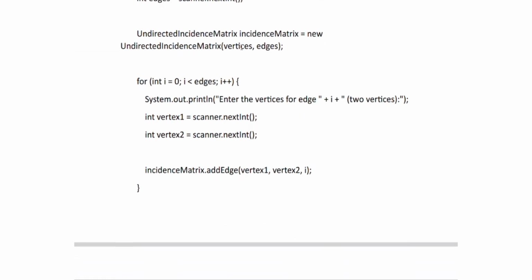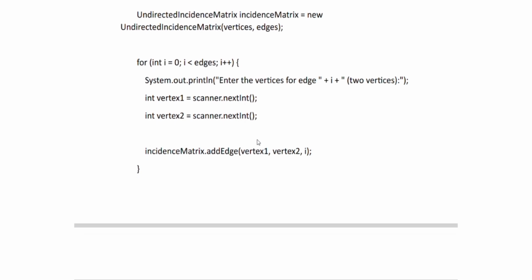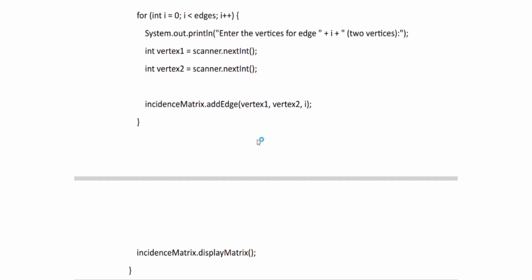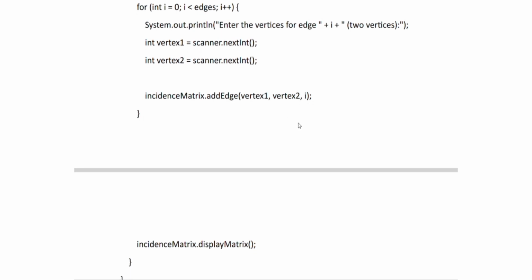Now, this for loop iterates over each edge, prompting the user to enter the two vertices that each edge connects. Vertex 1 and vertex 2 are read as input and represent the indices of vertices connected by the edge. addEdge is also called with these vertices and the current edge index i, which adds the edge to the incidence matrix.